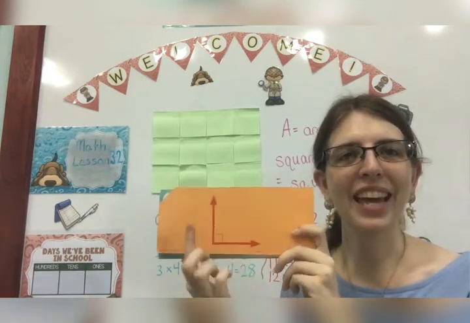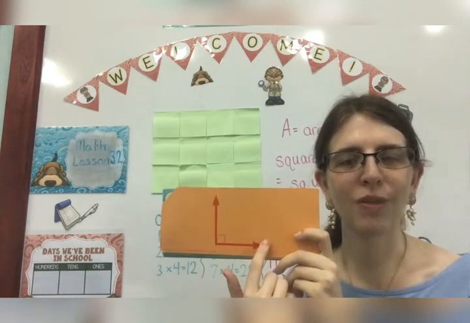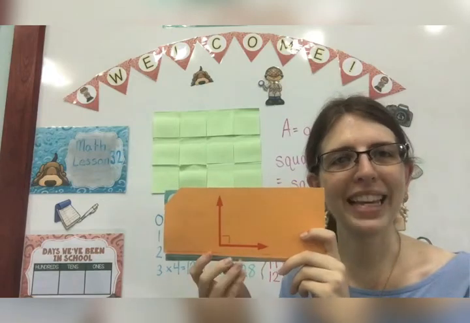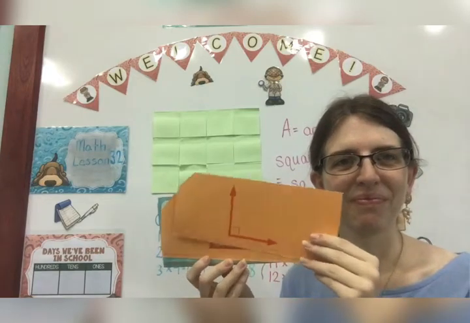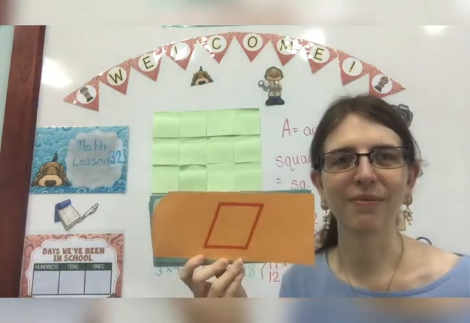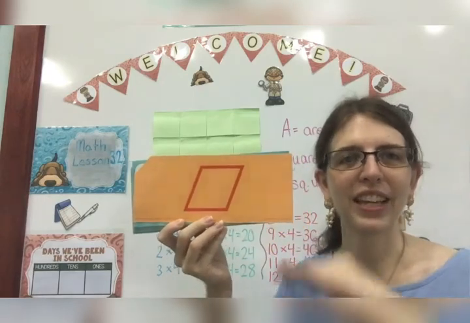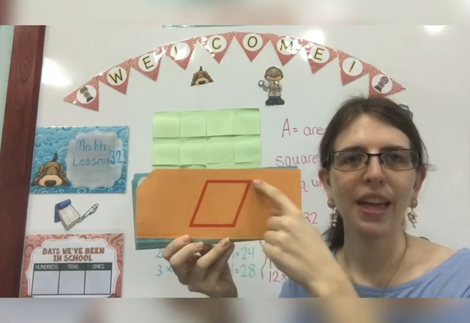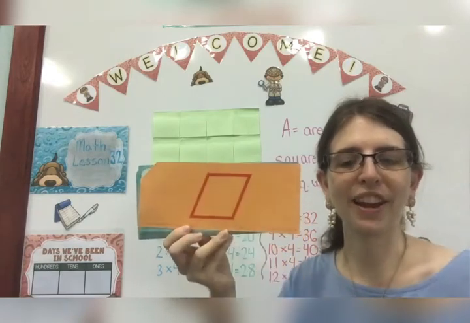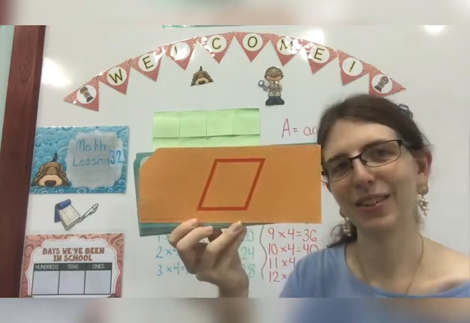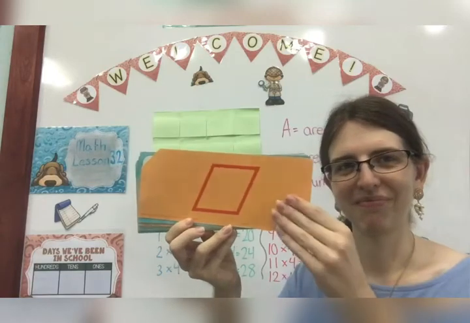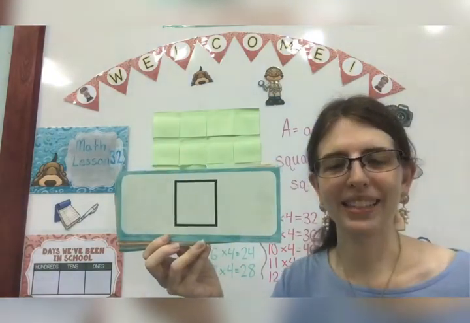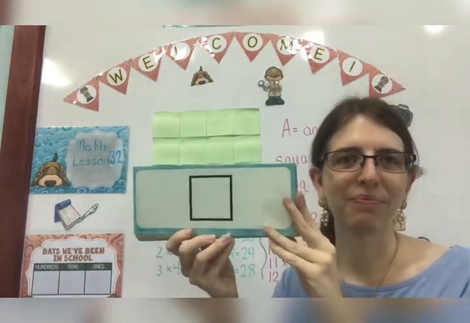How about this angle that goes straight up and straight over? What do we call that, Billy? A right angle. How about this one? It's kind of like a square that's been pushed over. All of the sides are the same. They're parallel, but they're not at right angles. Grace? It is a rhombus.